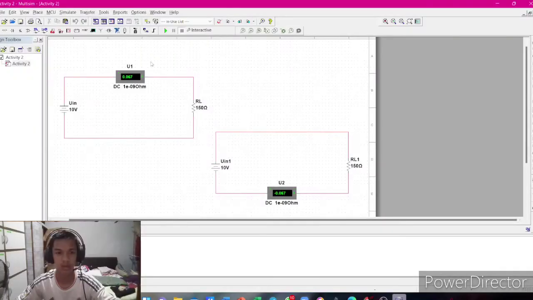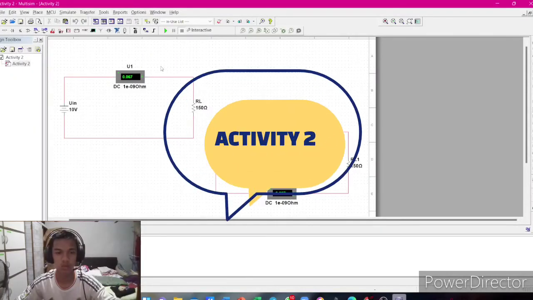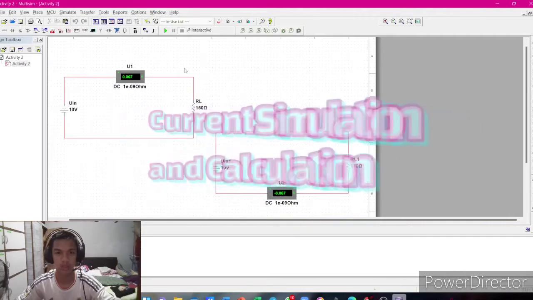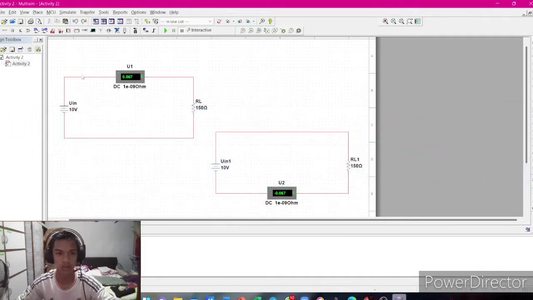After that, I'll present about activity 2, the current simulation and calculation. So this is the simulation of the current measurement. This is the current measurement after load, and this is the current measurement before load. So first, we get value 150 ohm.